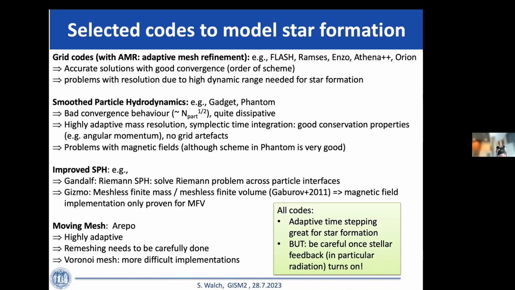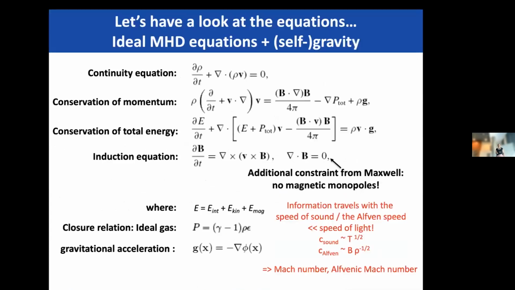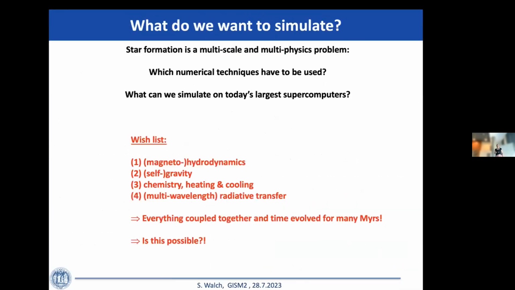Okay, and then in all codes, I think one needs to think about adaptive time stepping, etc. And also, and this is the last thing I want to say when I go back one more time, one has to think about how to put in the other physics. So we're talking here about, okay, we had now MHD and self-gravity, but what about heating, cooling, and radiative transfer and so on?